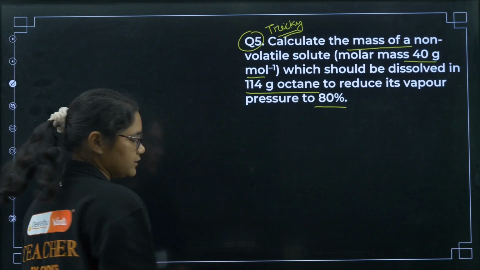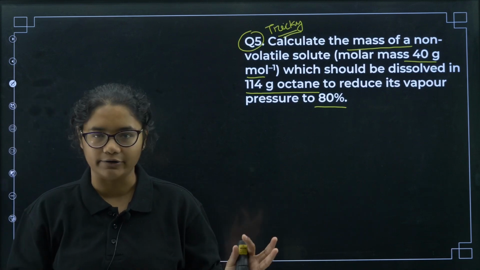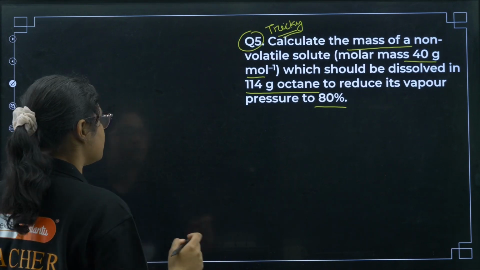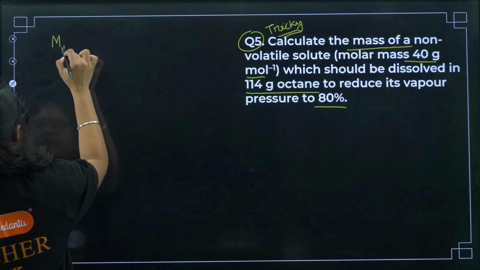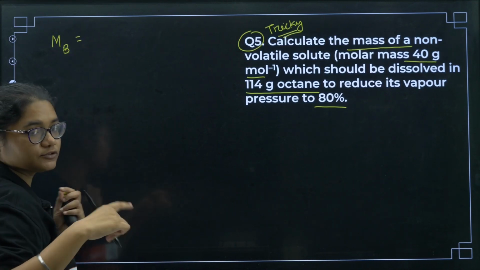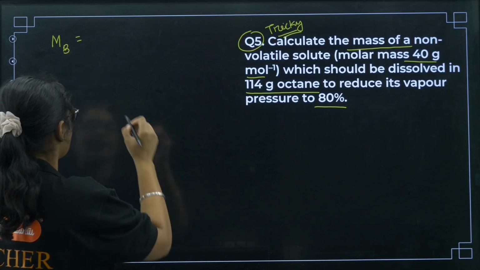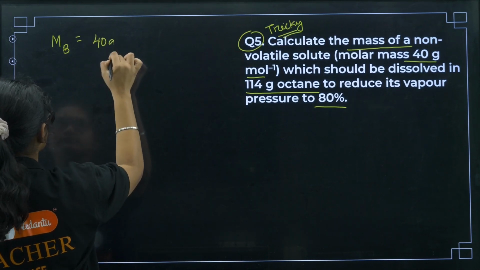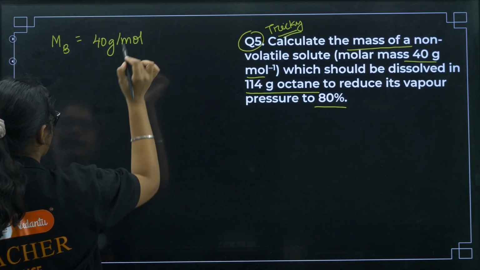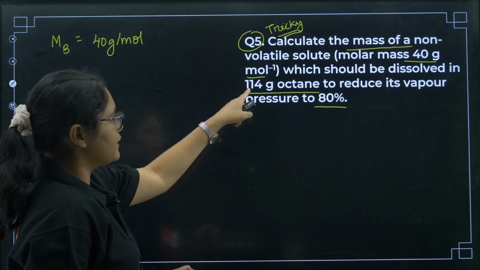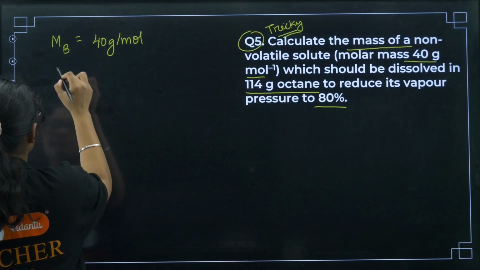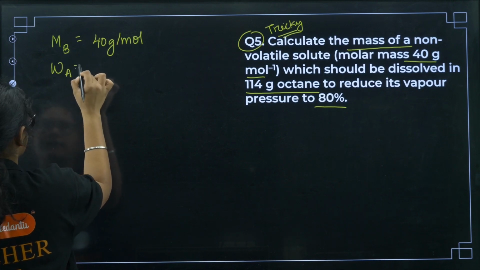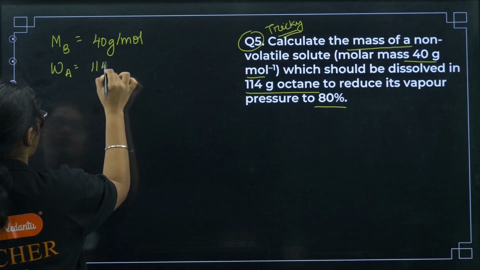But let us first note down the values that are given to us. The first thing is the molar mass of the solute is given, so I can write MB. B is always for solute, A is for solvent. So I have 40 gram per mole. Then next, 114 gram of octane. If that is solute, then this will be solvent. So the mass of solvent is 114 gram.